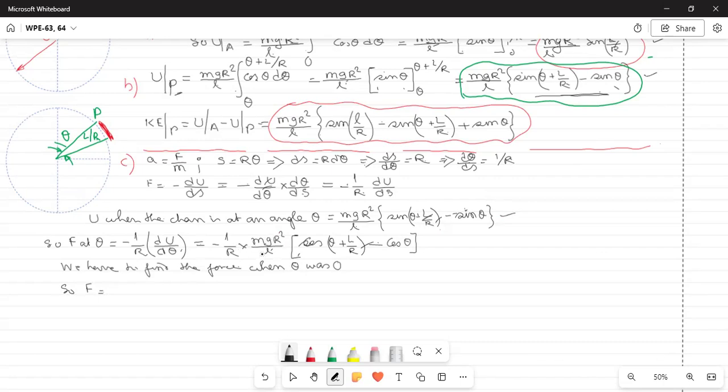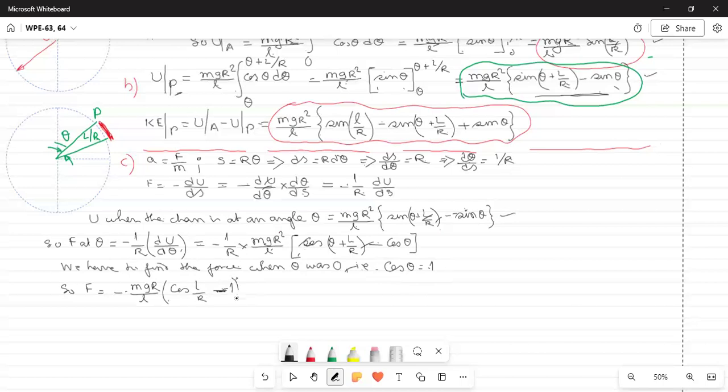This becomes minus m g r by L multiplied by, when theta was 0, cos theta is equal to 1. So in this equation, if you make theta equal to 0, this will be cos of L by r minus 1.